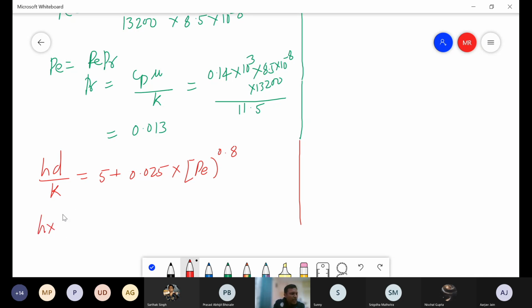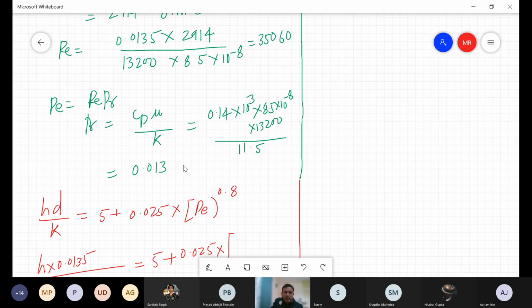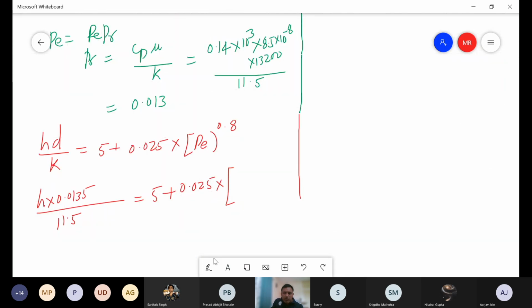D is the diameter of the inner tube, that is 0.0135. Thermal conductivity of the mercury is given as 11.5, and that should equal 5 plus 0.025 into the Reynolds number we have obtained, 35060.